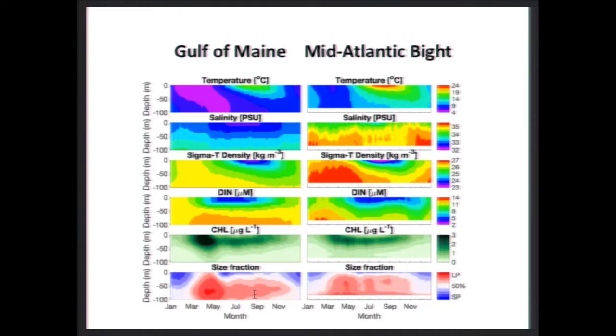You can see that makes a difference in how the nutrients are replenished and depleted, and that sets the stage for the chlorophyll distribution and size fraction. We are working on relating the model phytoplankton structures to the physical processes. So stay tuned. Thank you.